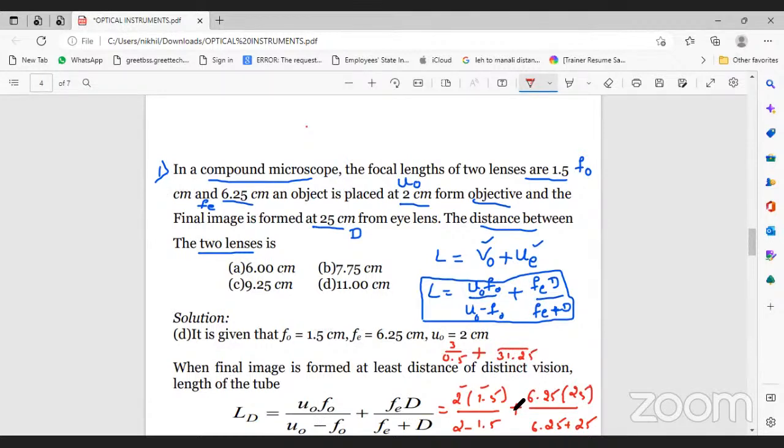Approximately, 25 into 6 is 150, so it should be approximately 156, right? Approximately, I'm talking. Yes, sir. 0.5 can be taken as 1 by 2, right? 3 by 0.5 is 6, plus an additional term is there.